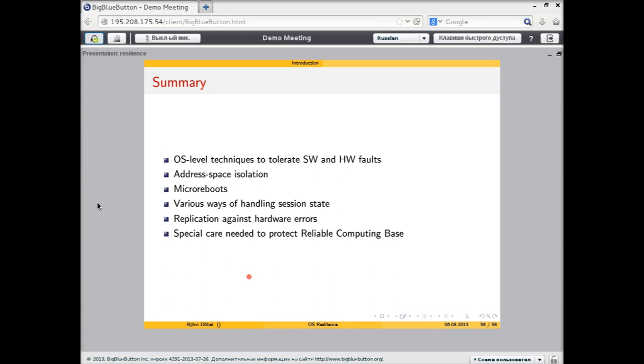Building your system as a microkernel allows you to have very small components which can be micro-rebooted, thereby improving the error recovery times. I also talked about the various ways of how we can handle session state, what we can do against hardware errors, and I hopefully convinced you that there is still some work needed to protect the reliable computing base and to come up with solutions that allow us to do so efficiently.